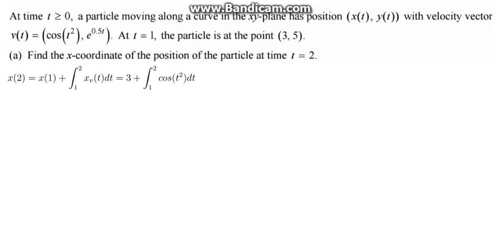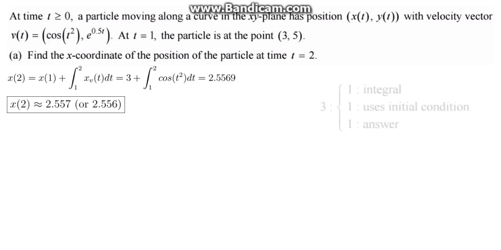We can plug this into a graphing calculator and get 2.5569. So either rounding or truncating, the x-coordinate of the particle at time t equals 2 is 2.557 or 2.556. Now let's look at the scoring. This problem is worth 3 points.